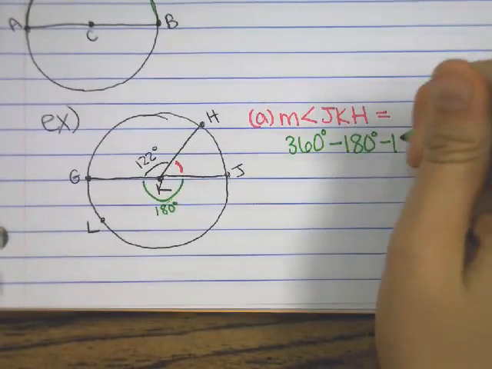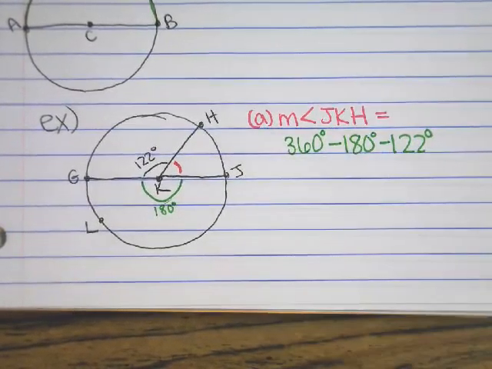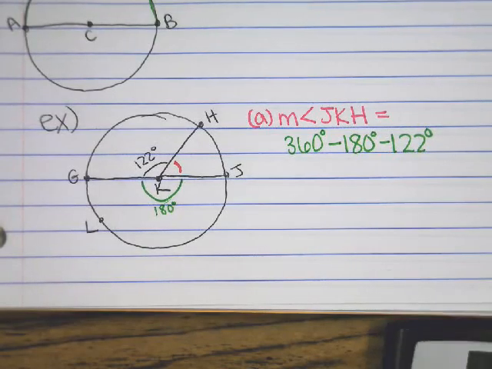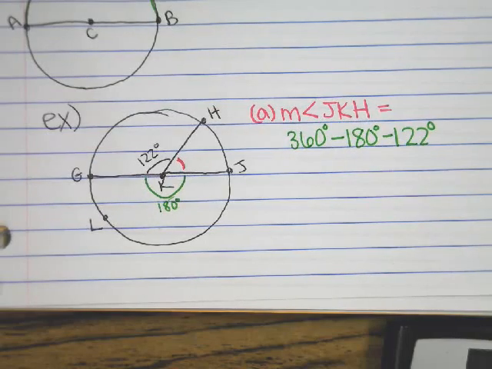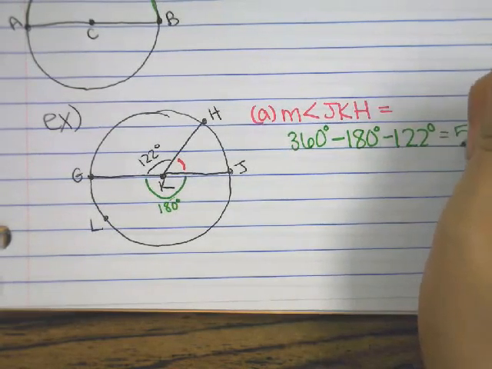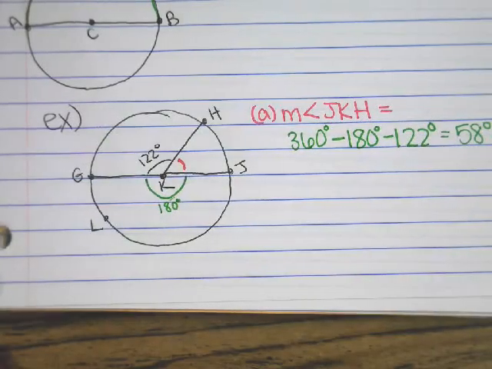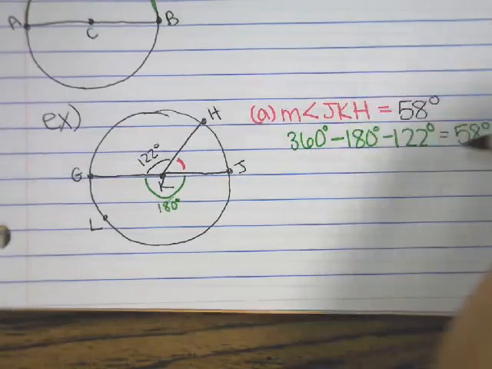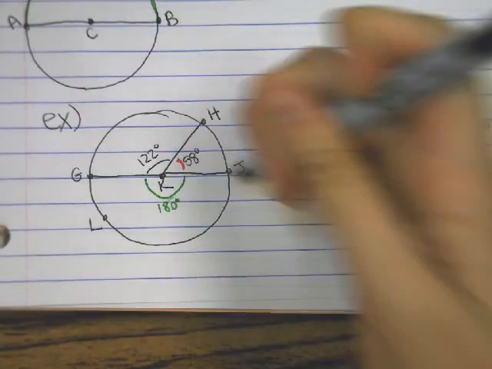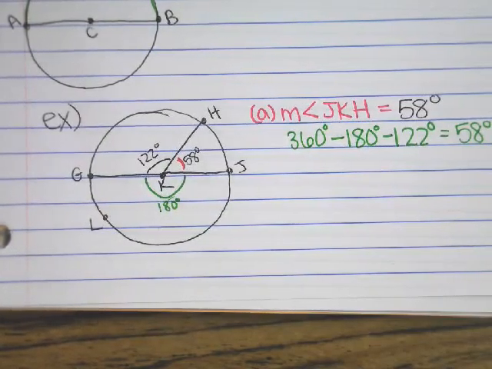So we know 180, 122. That's going to leave the number of degrees left over for the angle that we're looking for. So 360 minus 180 minus 122 is 58 degrees. So the measure of JKH is 58 degrees. That's the number of degrees left over out of 360 once we knock out the other two.